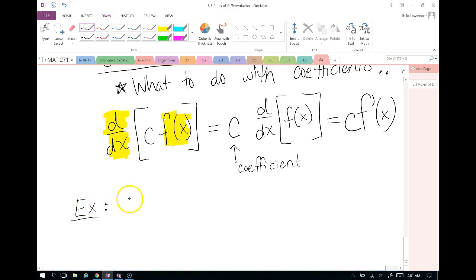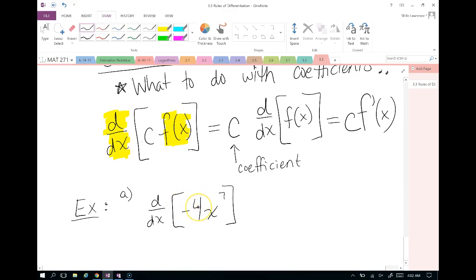So if I wanted to do the derivative of -4x to the 7th. So x to the 7th, I would do the power rule on. What's different here is that there's a -4 in front, which is a coefficient.